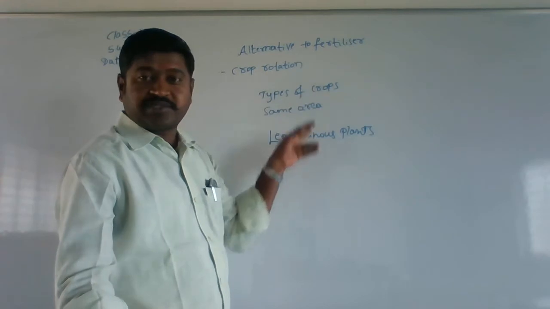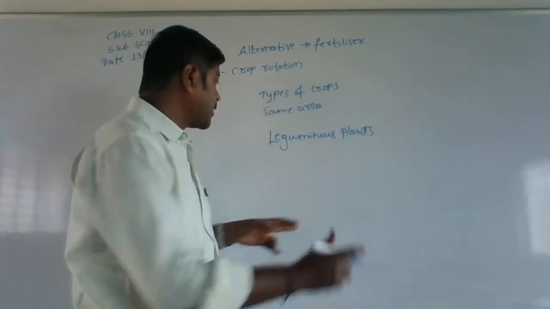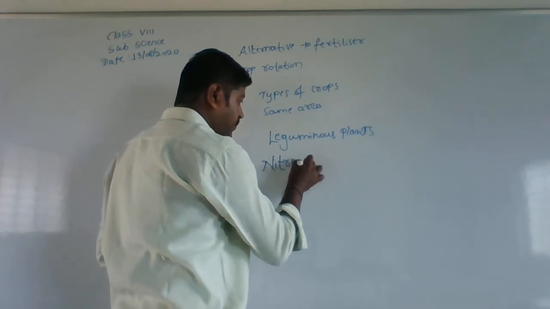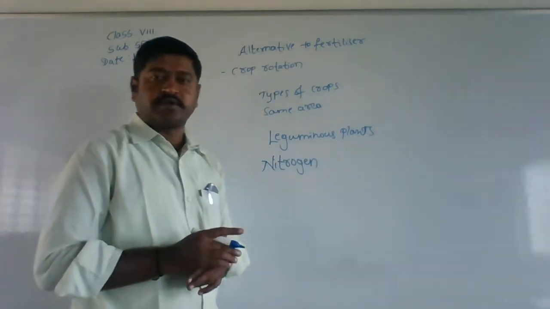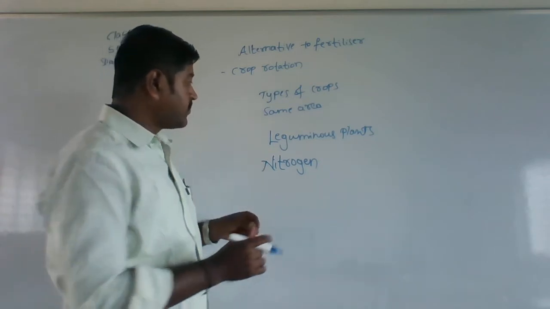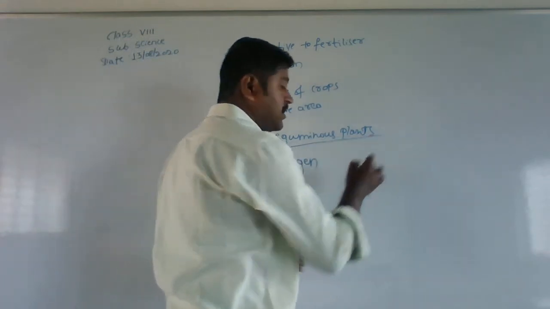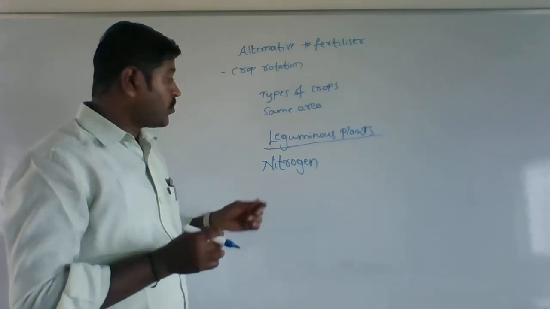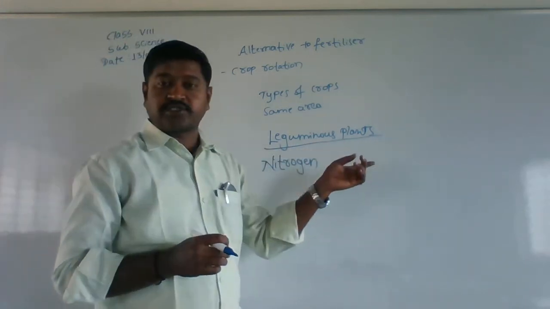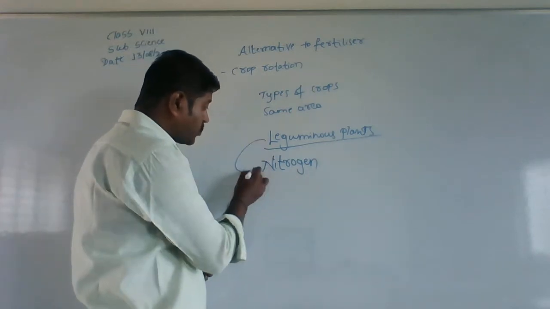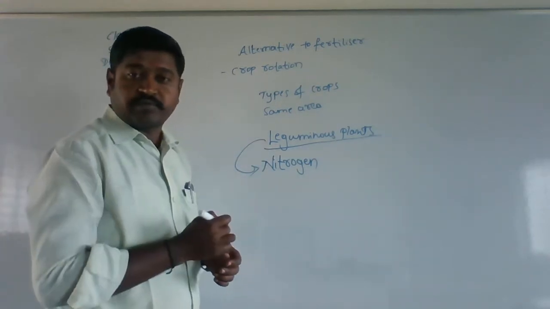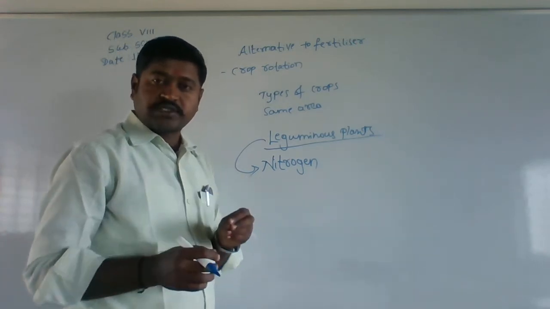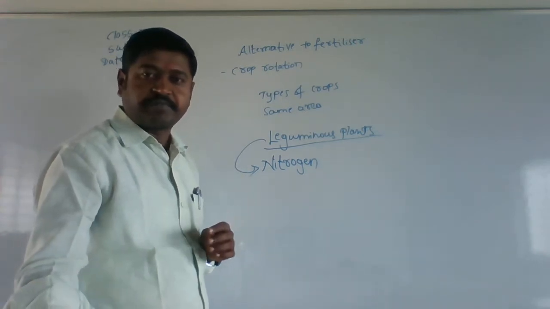This crop rotation method is used to gain nitrogen for crops. That is why along with one crop they are going to sow another leguminous plant, so that this leguminous plant is going to give the nitrogen and organic matter to the soil, so that the soil doesn't lose its fertility.